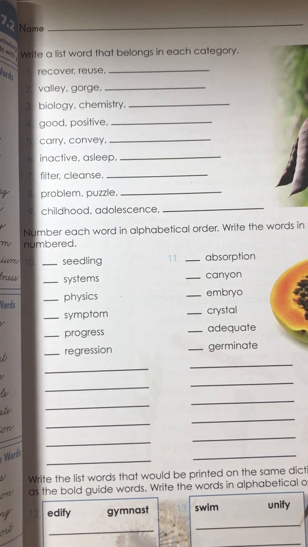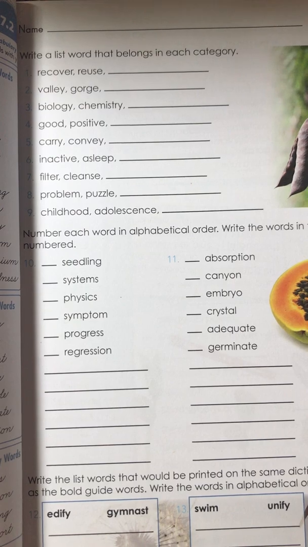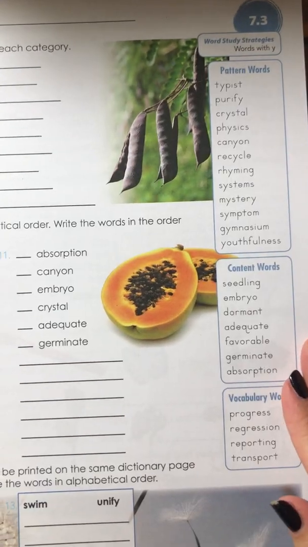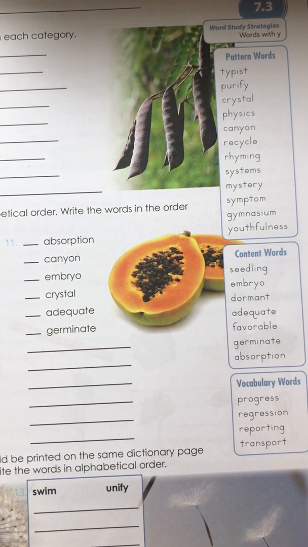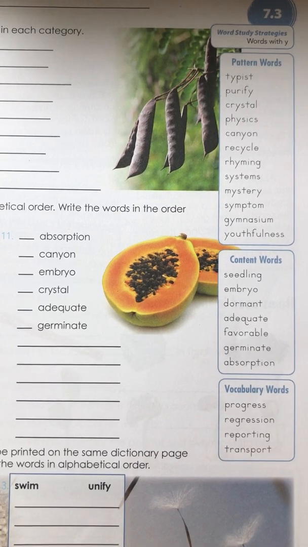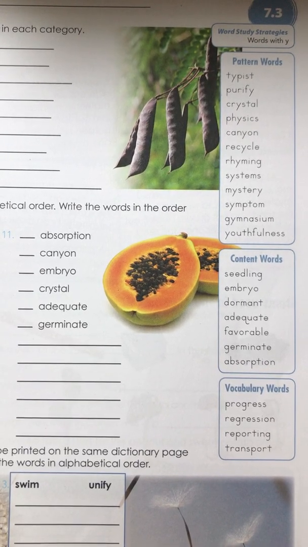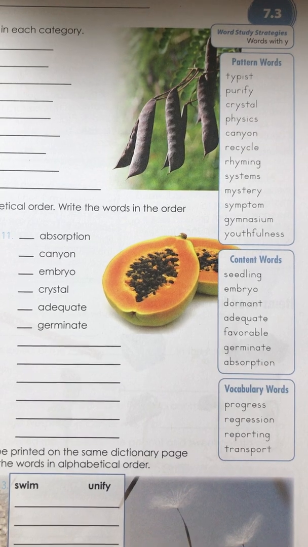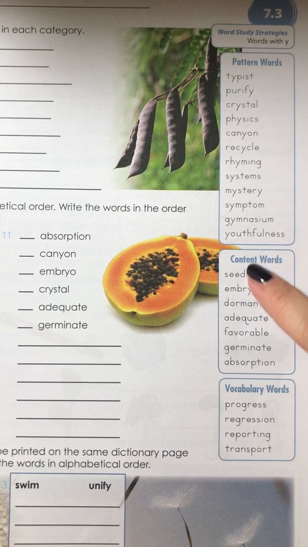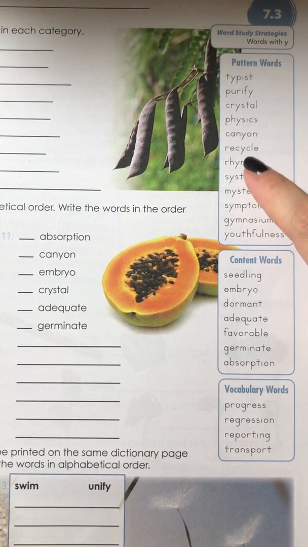So let's do an example. The first one says, recover and reuse. Which word in our list most means to recover and reuse? It may not be the exact meaning, but it can be close enough that it should belong in the same category. So if we were to go through all of our words, we would notice the word recycle.